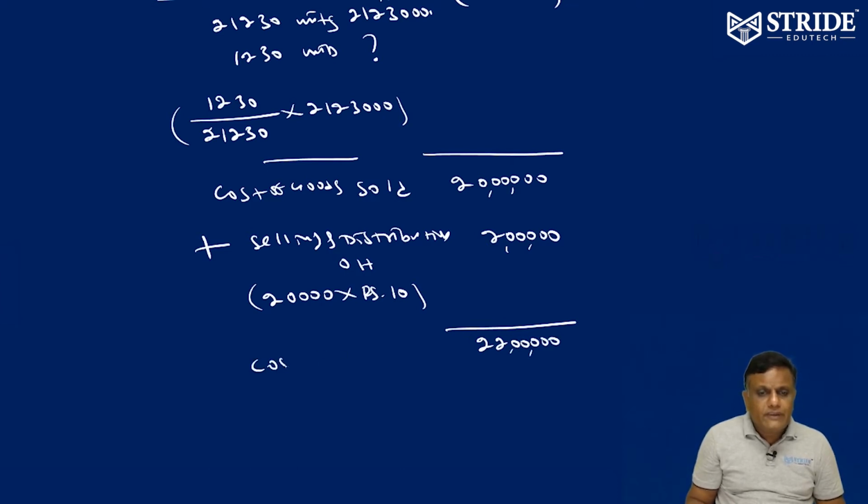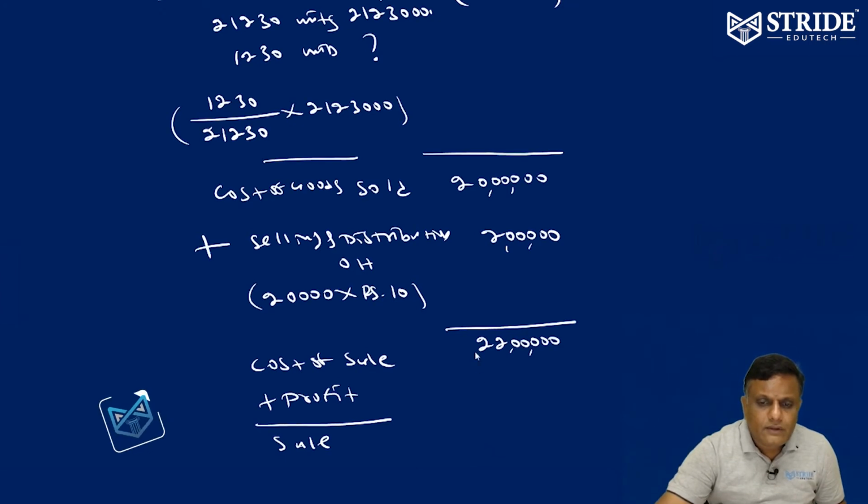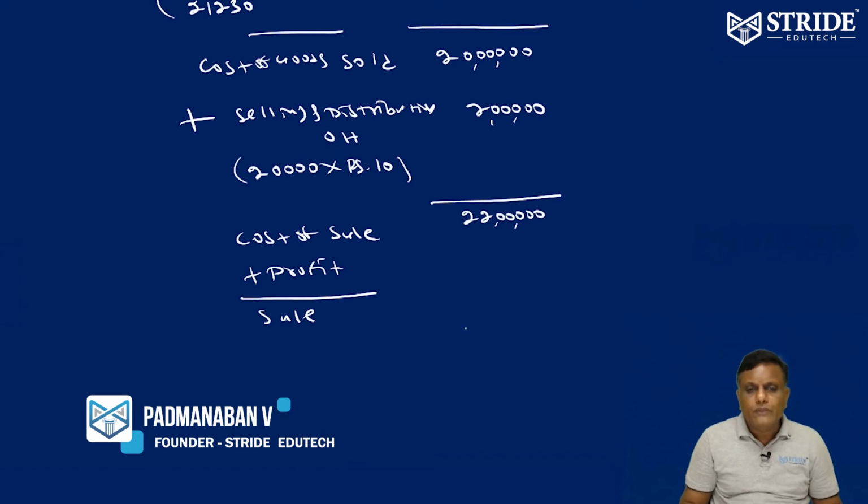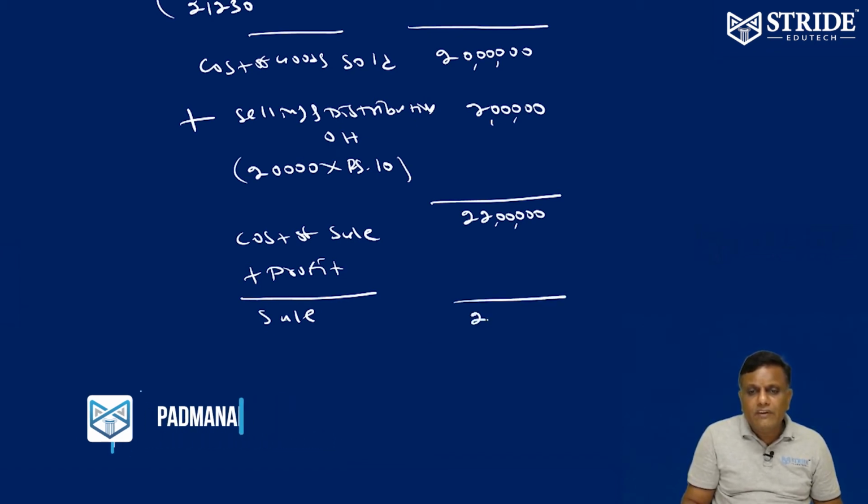So cost of sale is 22 lakhs. Plus profit, this is the costing profit. Sale is already given for 20,000 units, that is 25 lakhs.